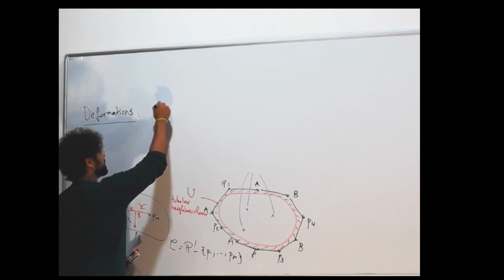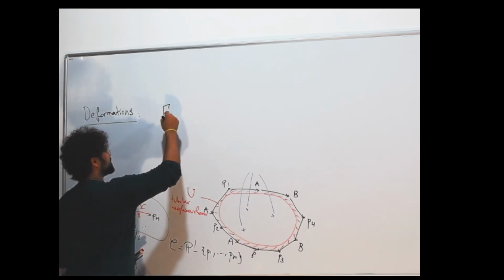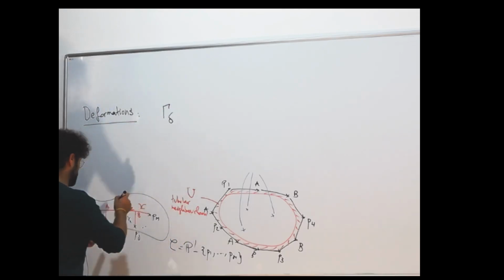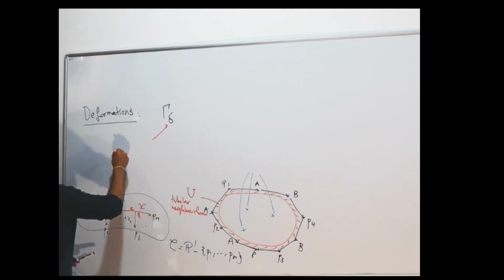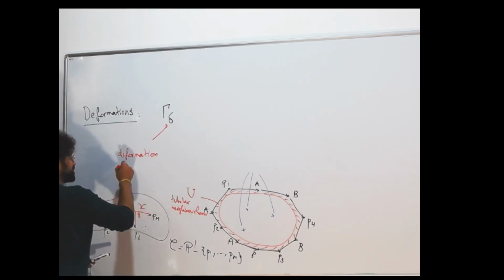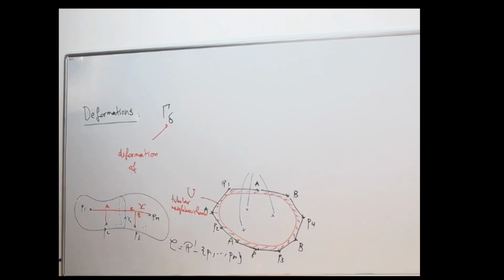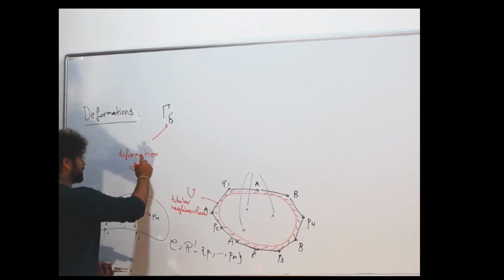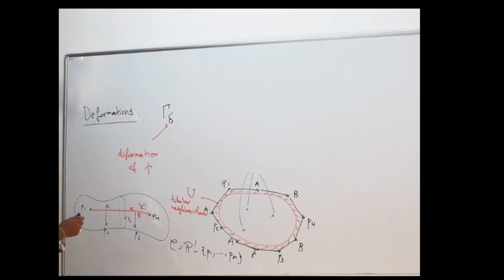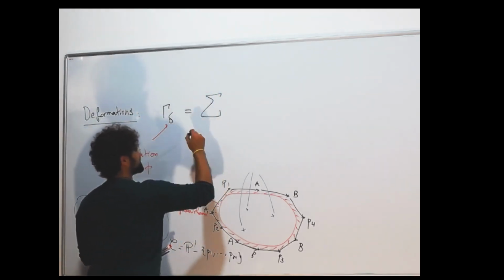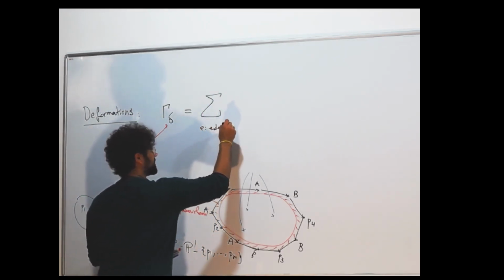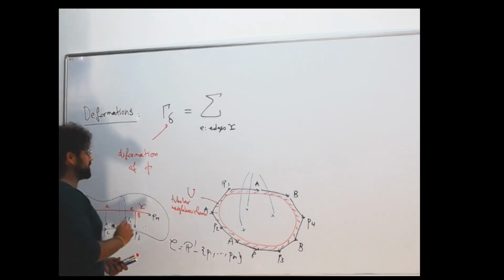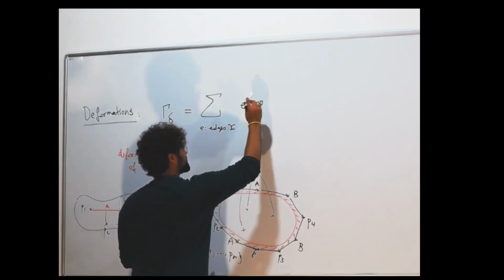You can call it gamma, which basically, if you consider a deformation of the data we're starting from, so a deformation of phi, then you can define the following object, which is the sum over the edges of the graph epsilon of the edges tensor.